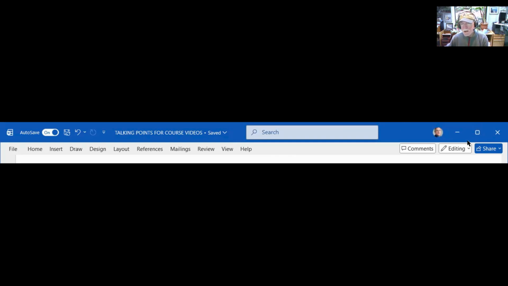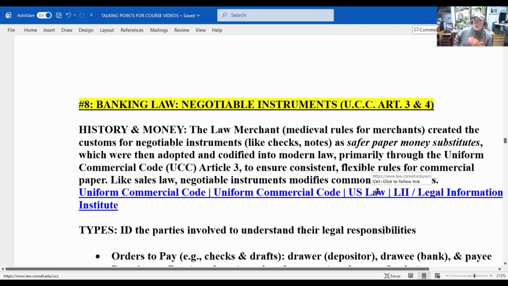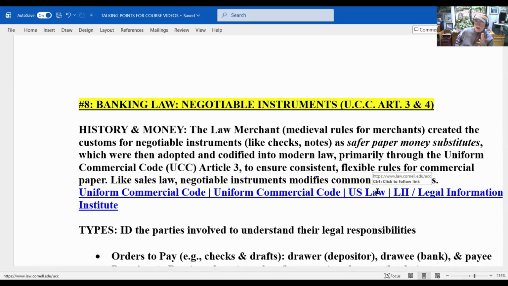I think it's important to understand the history of negotiable instruments. These are basically substitutes for cash. This goes back to medieval times, where merchants wanted some substitute for gold or silver, and didn't want to get robbed, so they developed these checks and notes.